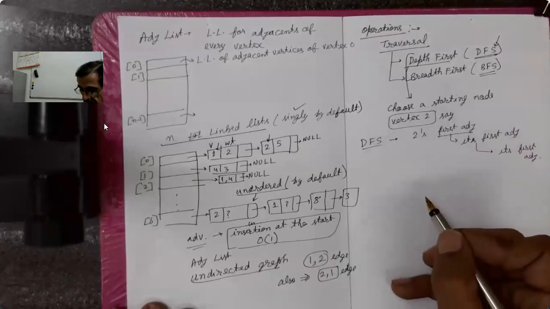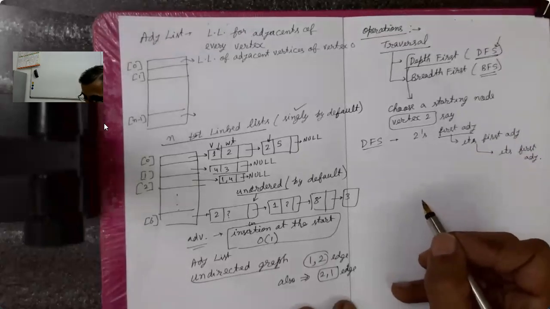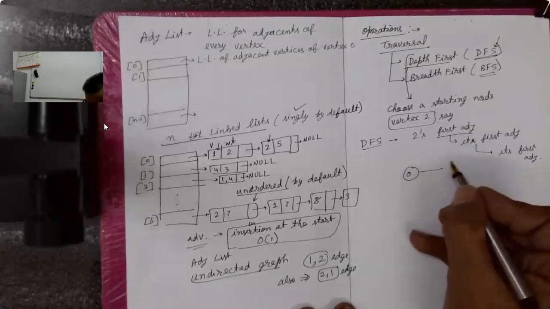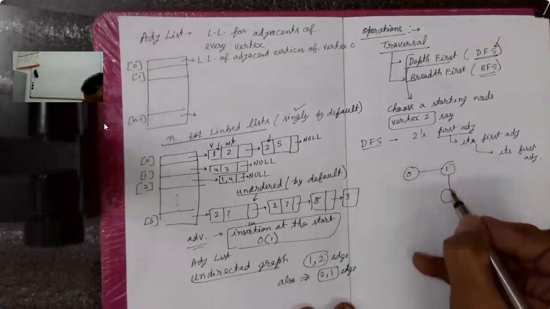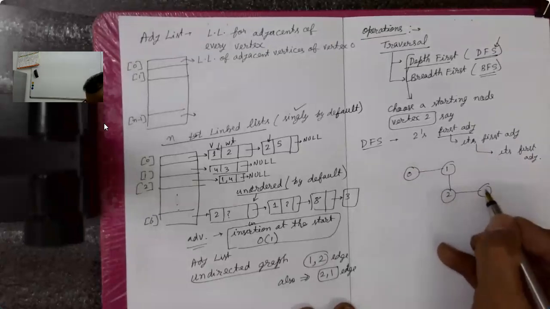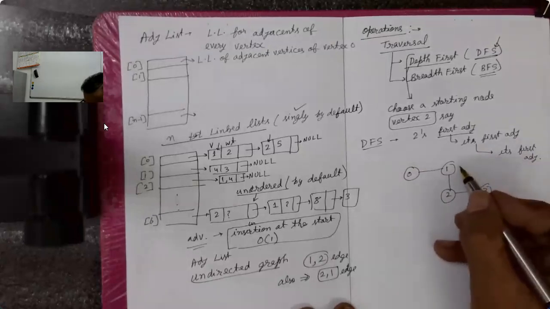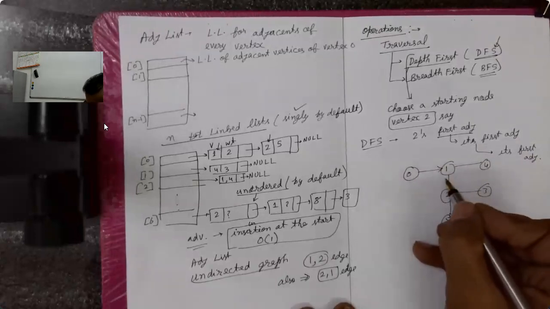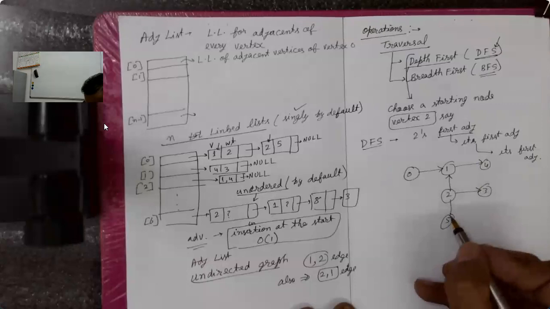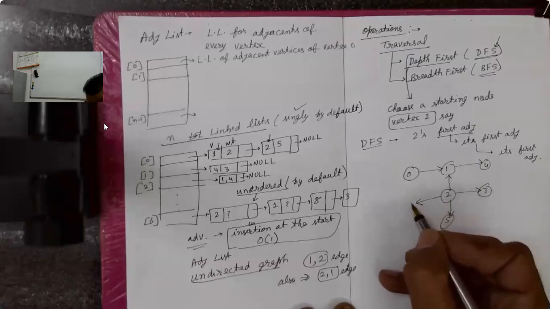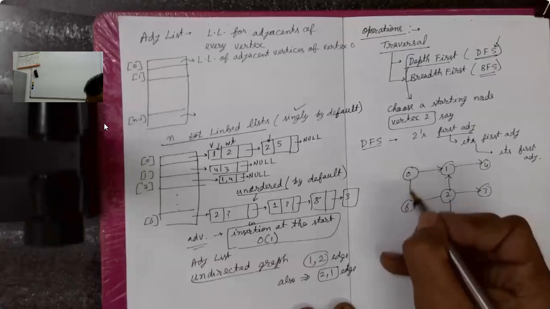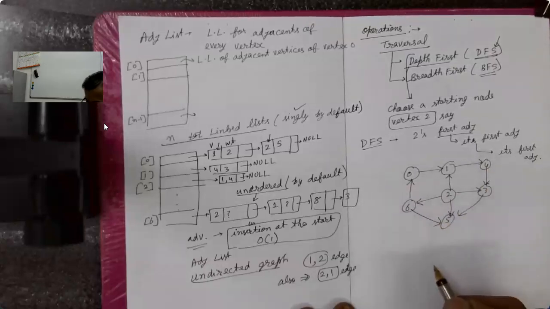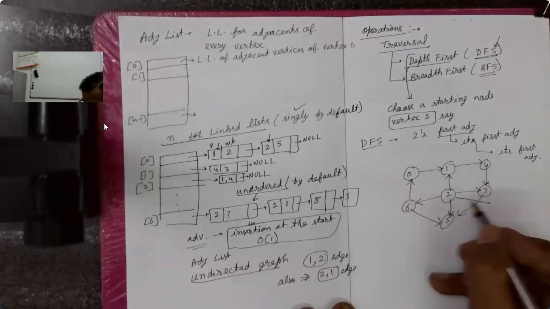So whether your storage is an array or linked list, if I have, let's say, a graph with 0 connected with 1, connected with 2, connected like this 3, connected 4, connected 5, and let's assume there are some directions also. Something like this. Let's say I started from 2.